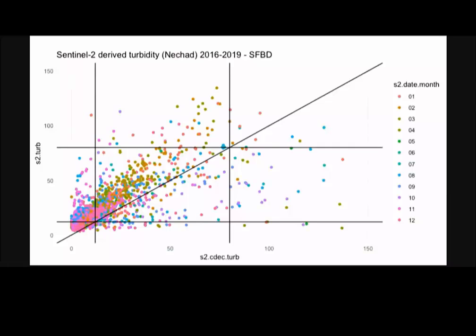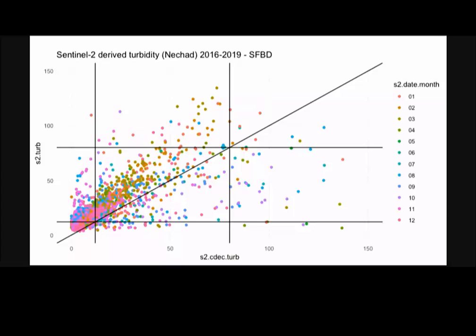And so this is what it looks like when you dump all of the data over 3 years, comparing the satellite-based turbidity on the y-axis and the CDEC turbidity values on the x-axis. I put the horizontal and vertical bars just to show where the most relevant NTU values are for the delta smelt, at 12 NTU and at 80 NTU.